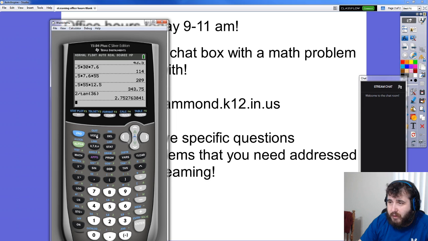Other types of problems you might run into. Oftentimes, you have issues with a one-line calculator. This functions similarly, but not identically, to a 2-line calculator.